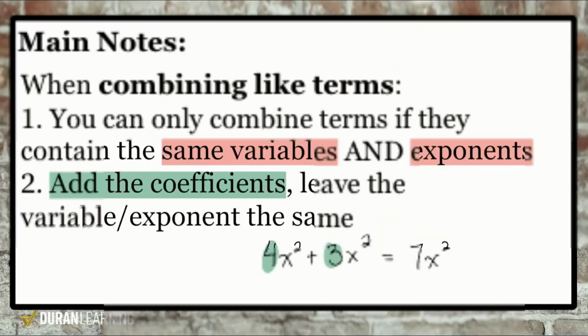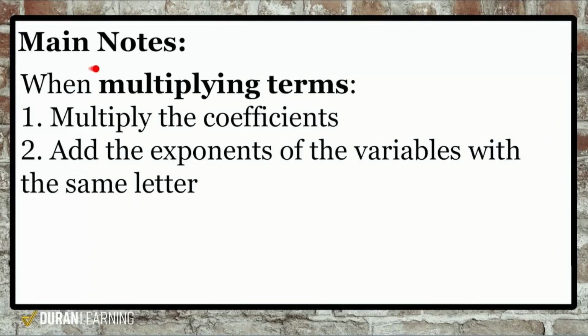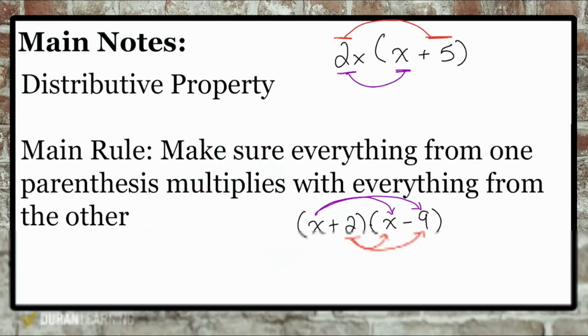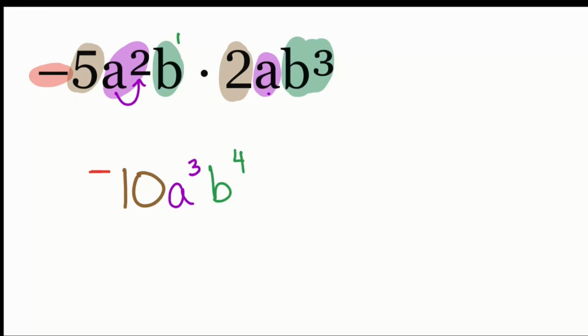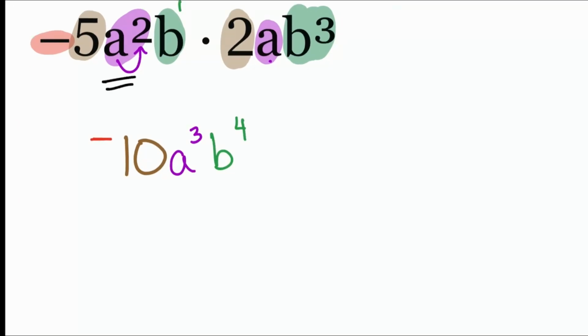Whenever we are multiplying terms, remember, we're going to multiply those coefficients, those numbers in the front. And then when it comes to the exponents of the variables with the same letter, we're going to add those exponents. And just to go over why that's the case again, let me remind you, for this a squared right here, a squared is the same thing as a times itself twice.